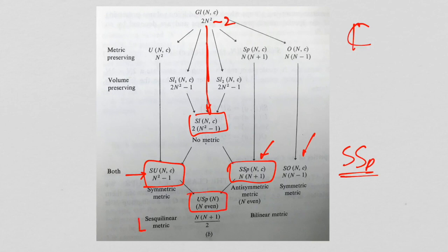And of course, these are sesquilinear metrics here, and these are bilinear metrics here. And interestingly enough, this one lives in the world where it'll preserve a bilinear or a sesquilinear metric. So there's a chart like this for each of the reals, complex, and quaternions in Gilmore.